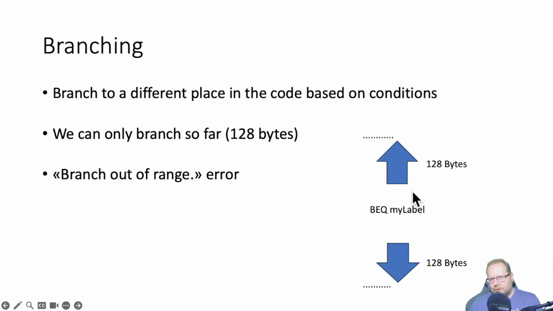If there's a ton of code between this compare and branch thing and my label, then we're gonna have a problem. We will get a branch out of range error when we click export and test in NESmaker. So we can only branch so far. There's a limitation for how far we can branch.